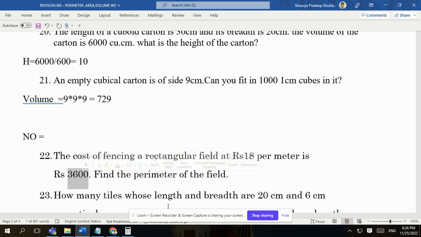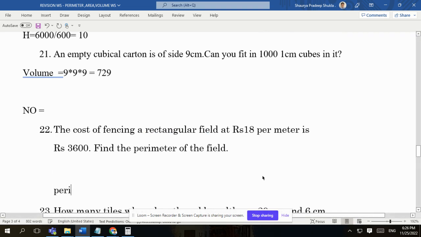So first you have to find the perimeter. The perimeter is 3,600 divided by 18. Don't you know the table of 18? 18 twos are 36, so that is 200. That is the perimeter of the field. Very simple problem. They can also add a twist here: they can also change the units.